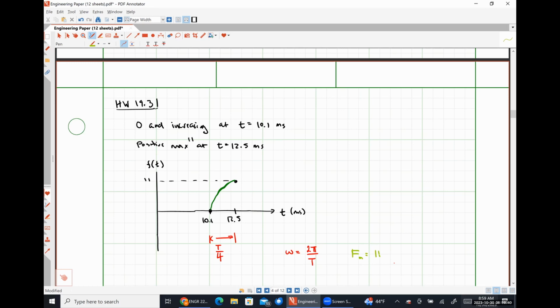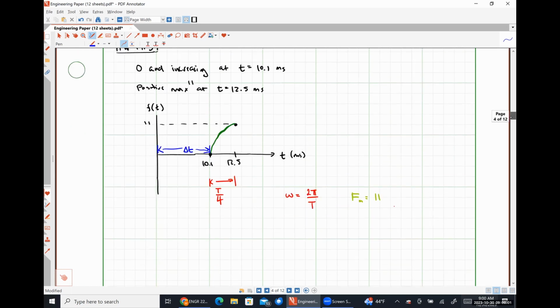And this distance, delta t, is related to your phase angle. So your phase angle will be, let's see, I have delta t measured in seconds.